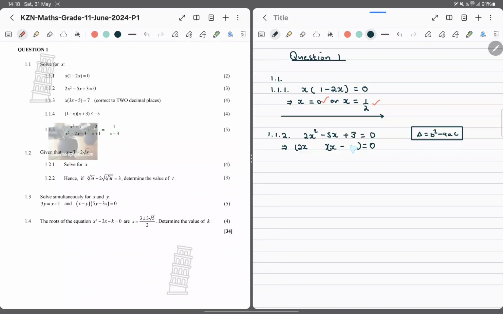Okay, now we need to be strategic here. This is going to be minus 1, minus 3, right? So therefore, x should be 3 over 2, or x should be 1. Now we look again and see, if we put 3 over 2 there, what do we get?